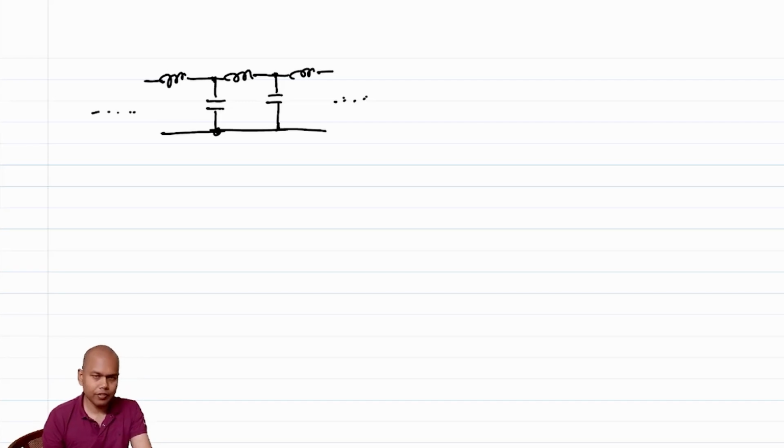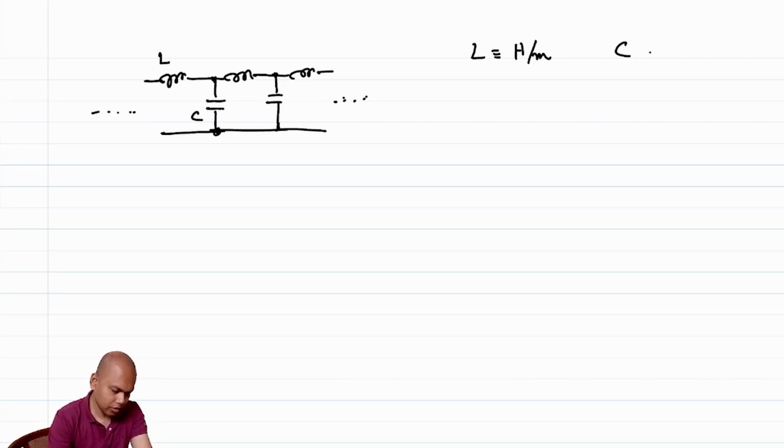And note that the convention is to model these L's and C's as inductances per unit length and capacitances per unit length. And that's what we are going to do. So this is L, which is henry per meter, and C is also farad per meter.